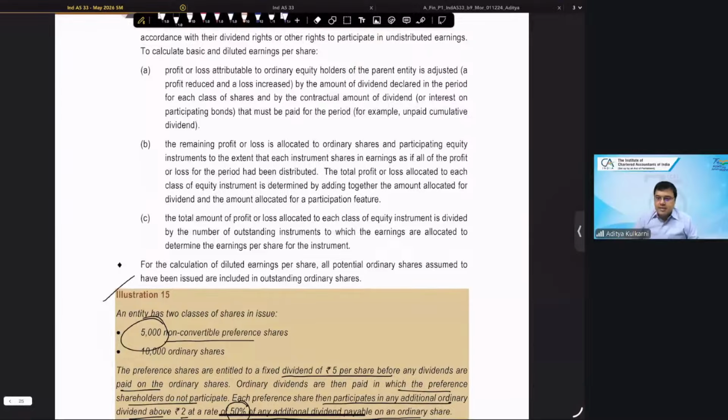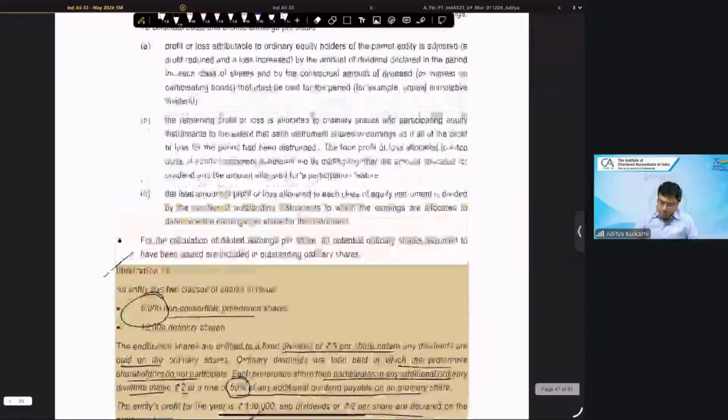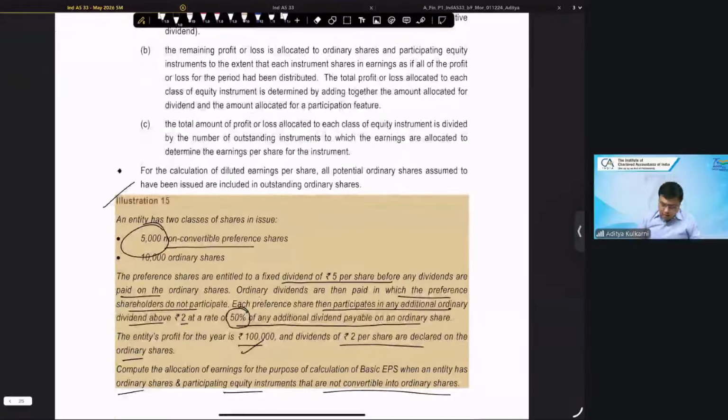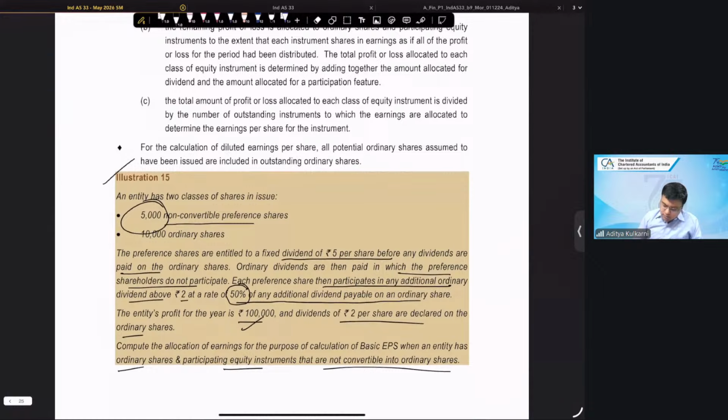If nothing is declared, then that 2 rupees also would not have been given in the question. When considering undistributed, we have to include these two also, no, sir? Yes, when they say that, if this is not there, then this also would not be there.